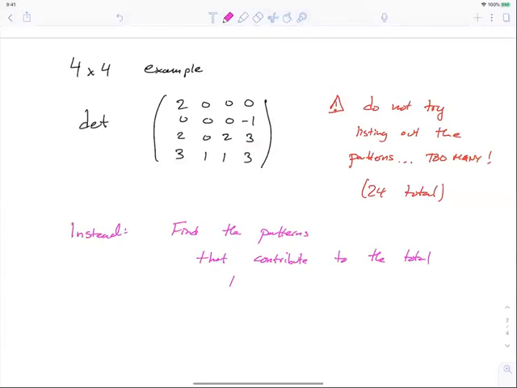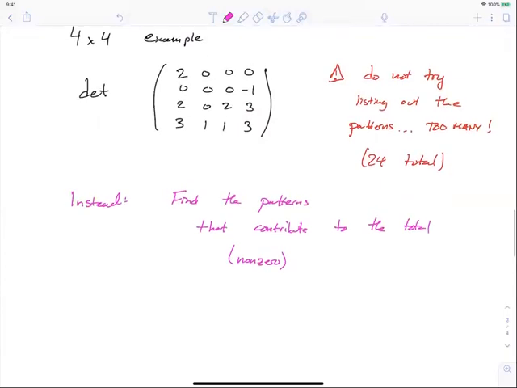And by that, I mean which patterns give you a non-zero product. All right, so in some literal sense, we're going to play Sudoku, where we want to find patterns that are non-zero and have exactly one entry in every row and one entry in every column.